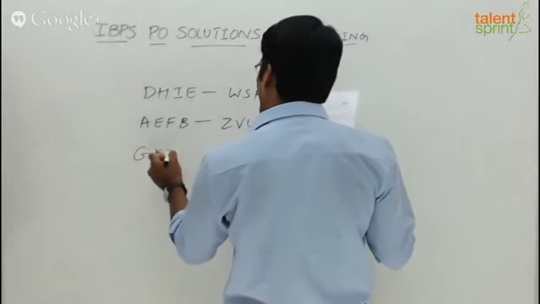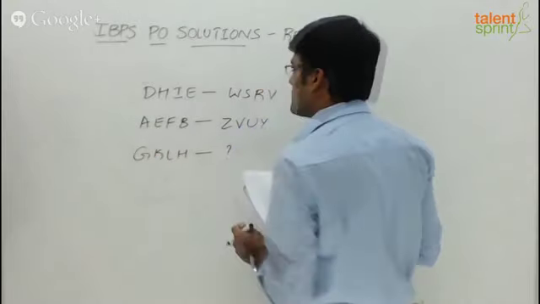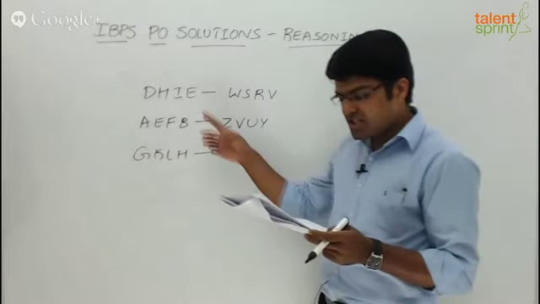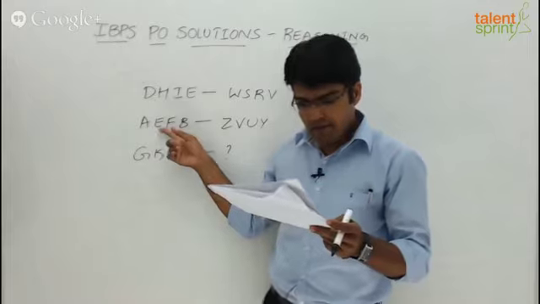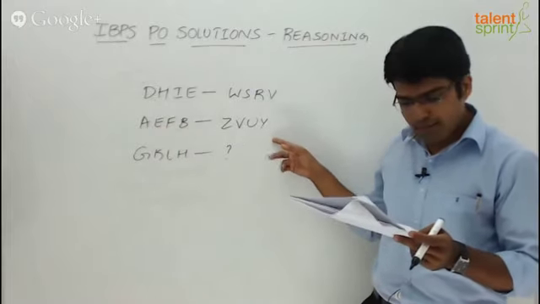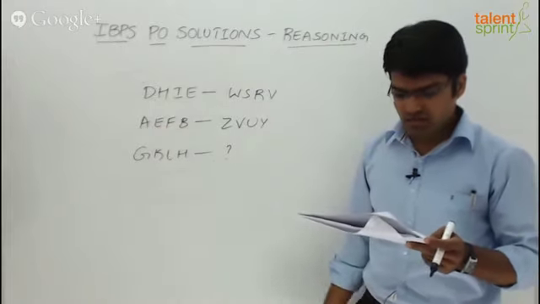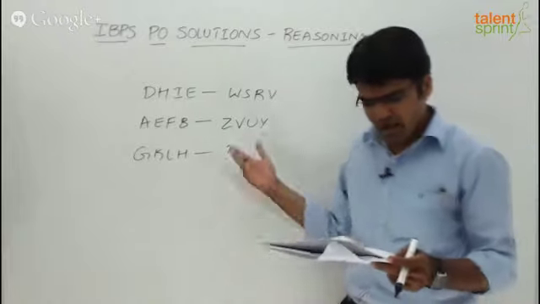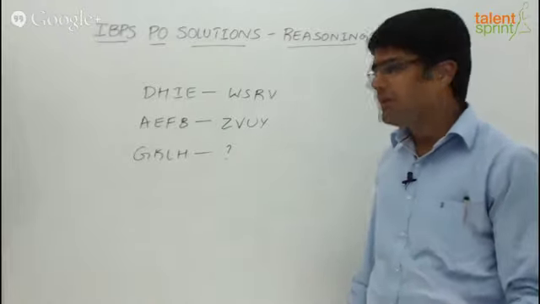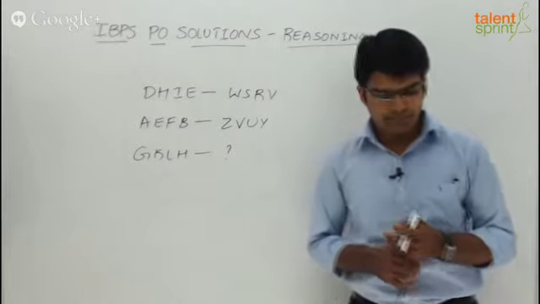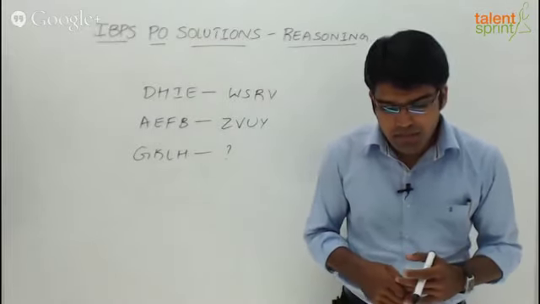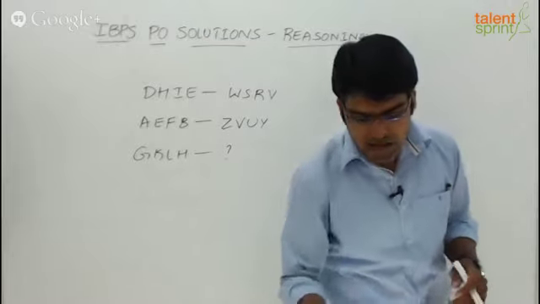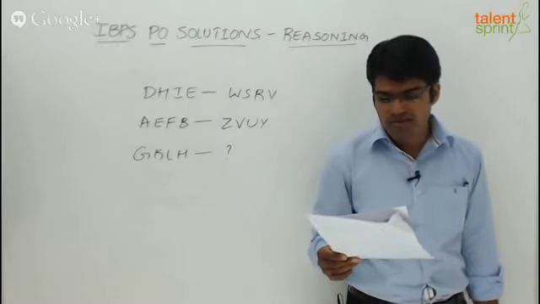So how will you write GKLH in that language? There are options there, right? Options are not required, I believe. Just start working. Options are SQNR, TQMP, TRDO, TPOS. Fifth option, none.